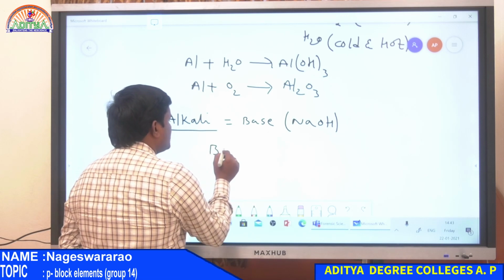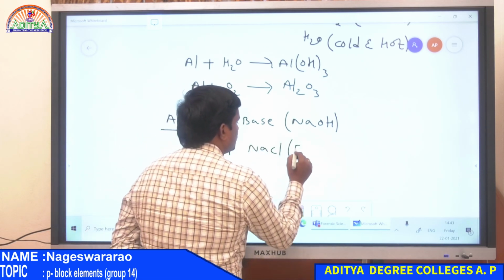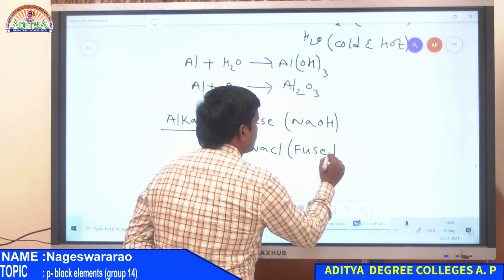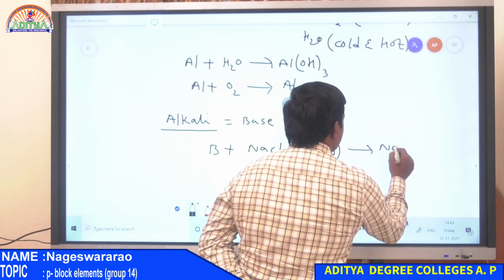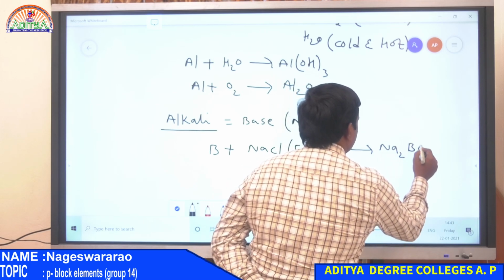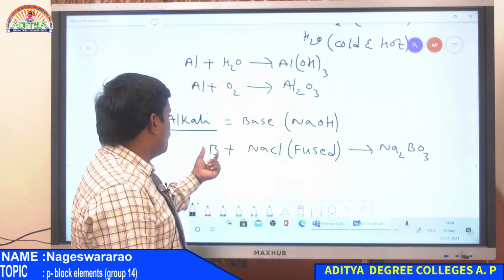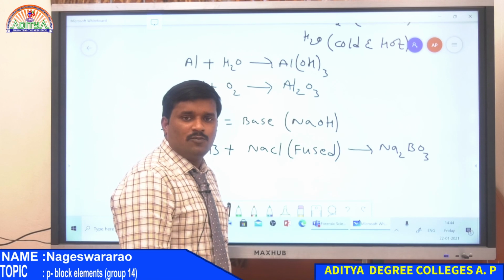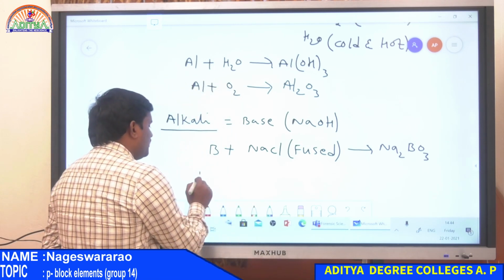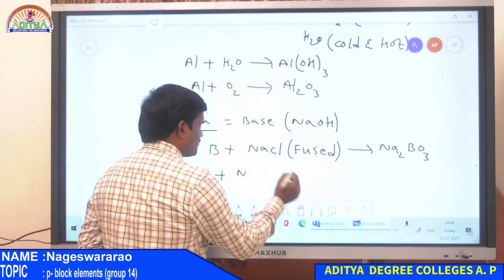Boron reacts with fused NaOH. So this is in the fused form, and it gives Na2BO3, that is sodium borate. So boron easily reacts with fused NaOH, it gives sodium borate, whereas aluminum reacts with aqueous NaOH.